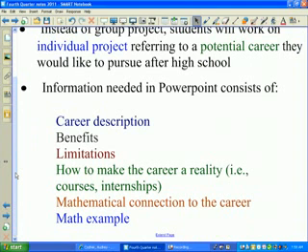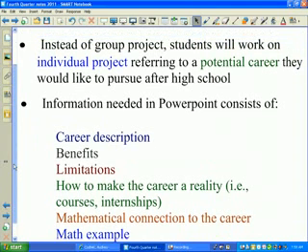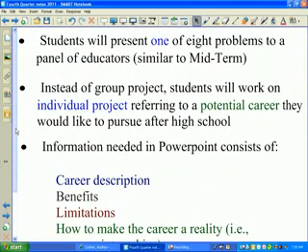Anything and everything that we've touched on, you're going to develop your own math equation.